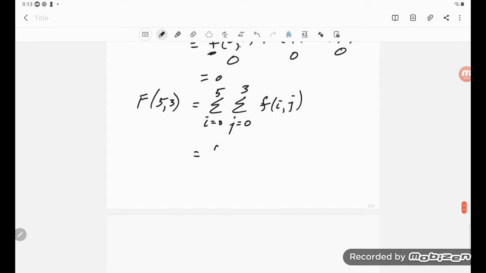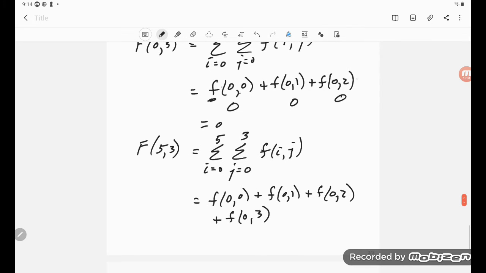And so that is f of 0, 0, plus f of 0, 1, plus f of 0, 2, plus f of 0, 3.